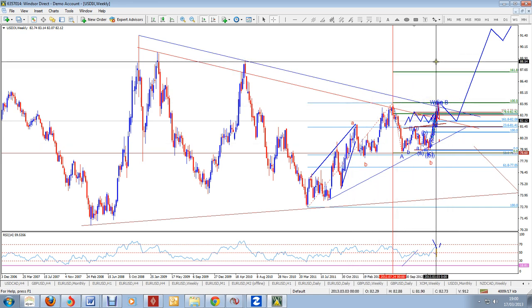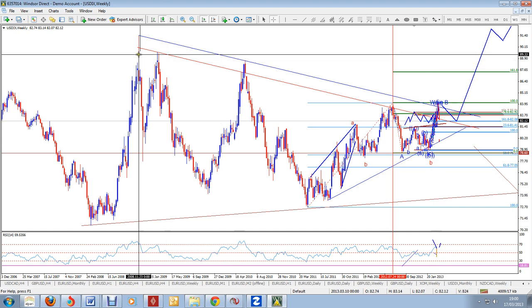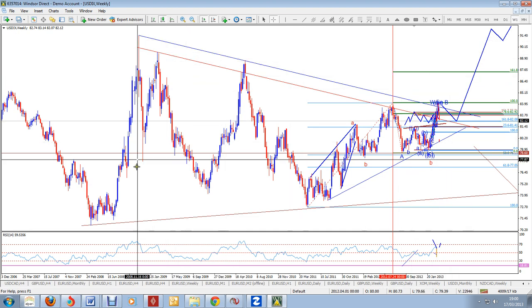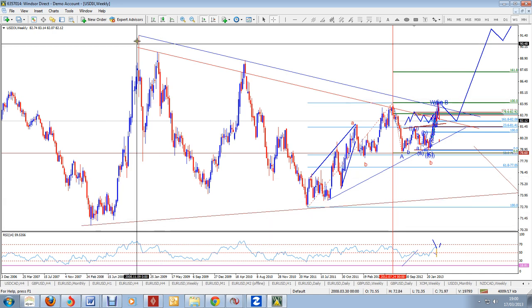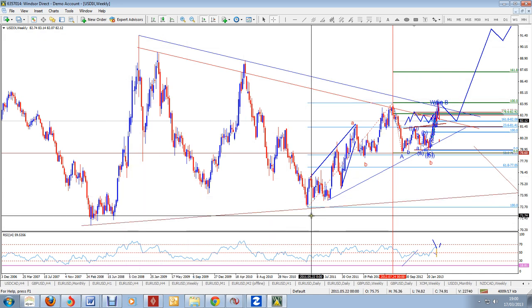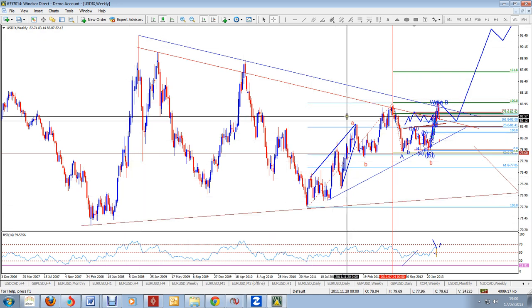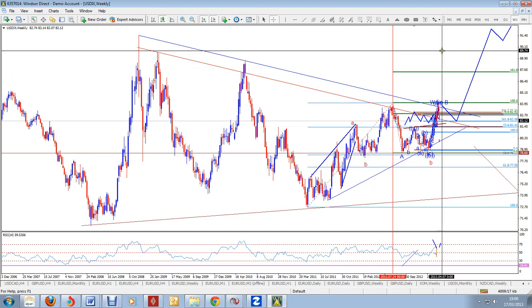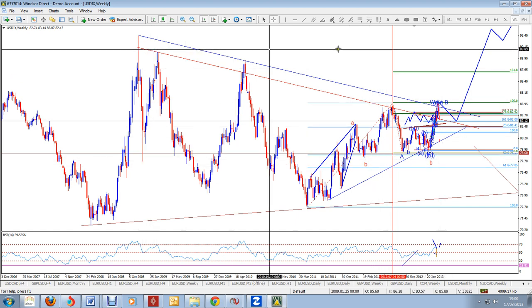It is possible, it's not impossible. So this could in fact turn out to be a flat. It could turn out to be larger wave A, larger wave B, and then we got A, B and C, which would come all the way to there. That would finish up basically with a flat.